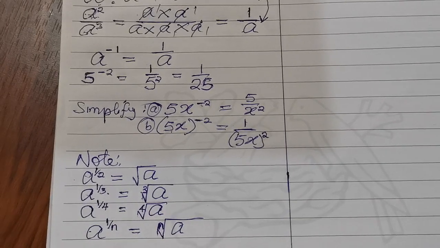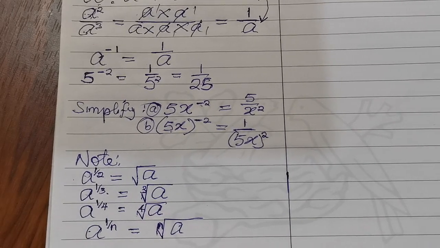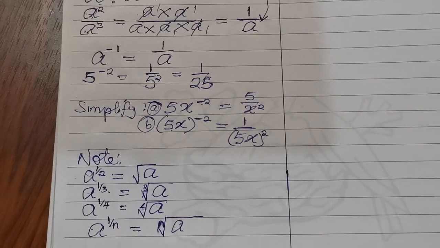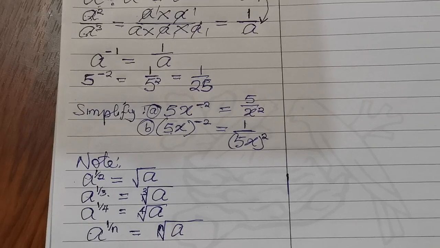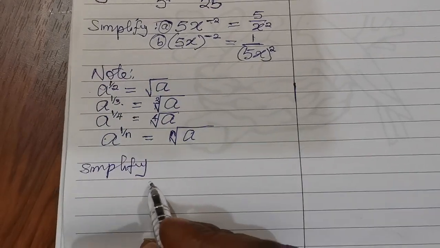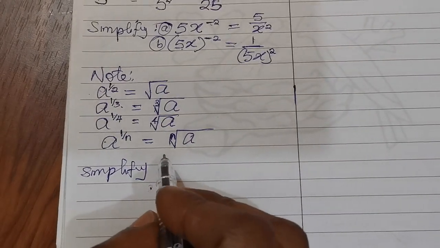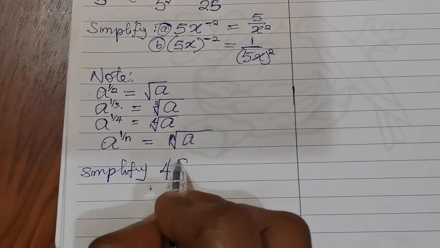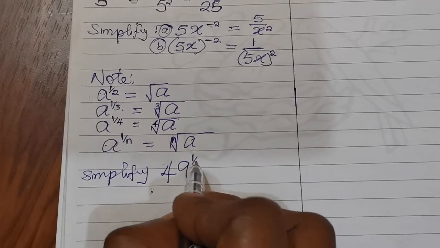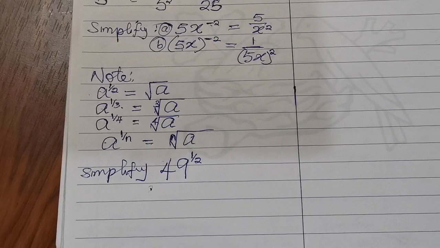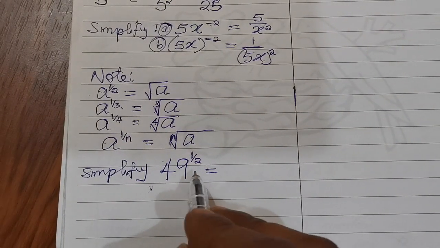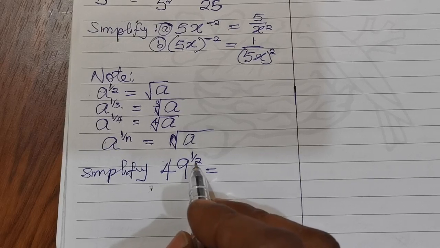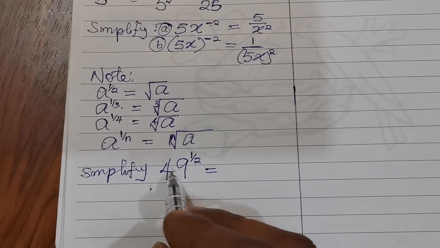Okay, now in this example, supposing we are asked to simplify 49 raised to the power 1 over 2. Since it's 1 over 2, it means the square root.